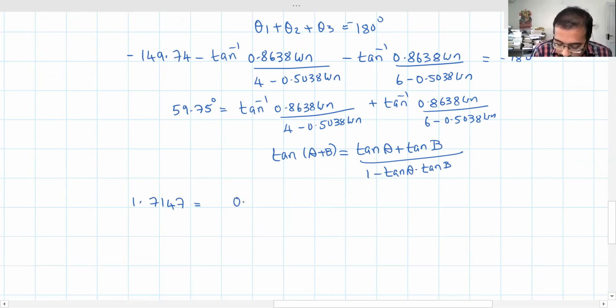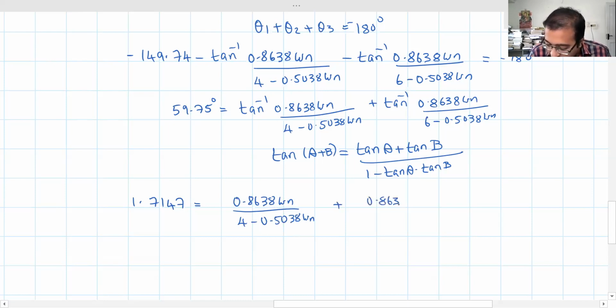You will get 0.8638 omega n divided by 4 minus 0.5038 omega n plus tan B. It will be what? 0.8638 omega n divided by 6 minus 0.5038 omega n whole divided by 1 minus tan A tan B.